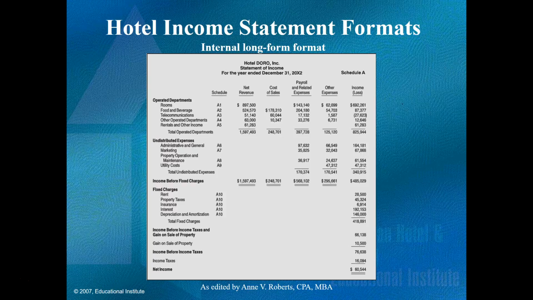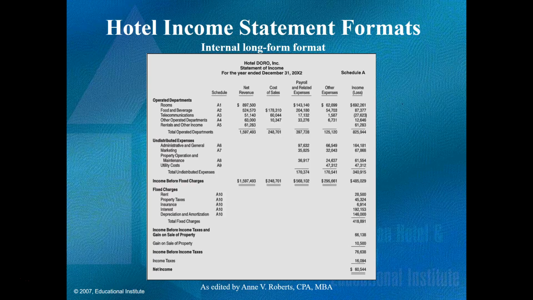So our administrative and general, that is, you know, our general manager, that's our accounting department, that's maybe our sales department, well, no, not sales, because sales is going to be under marketing, okay, so there's our marketing department, sales there as well. There's our property operations and maintenance folks. Here is, again, utilities. Now we're talking about just utilities, so no people, but we do have our utilities expense, okay?